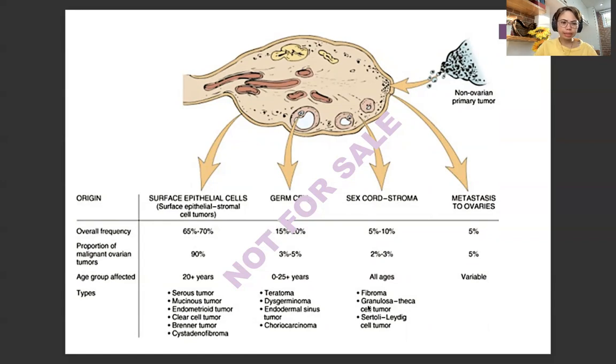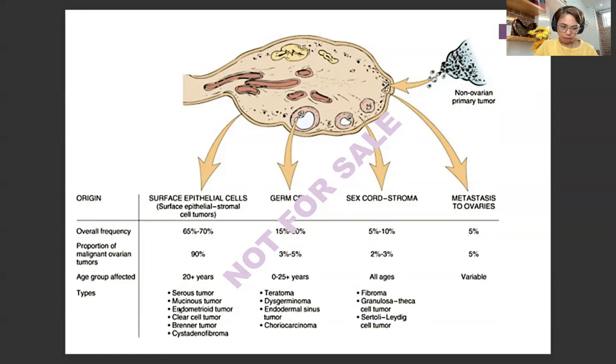Consistently in malignant tumors, still what's number one is the surface epithelial neoplasm. Okay, these are the examples of surface epithelial neoplasm.